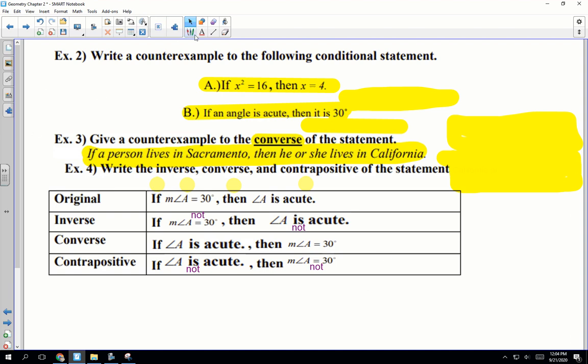All right, you guys, I do want you to write down each one of these items so that you have a really good example of inverse, converse, and contrapositive.